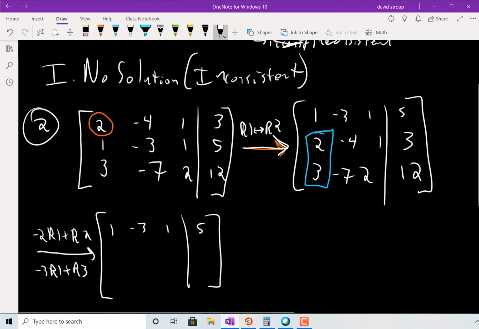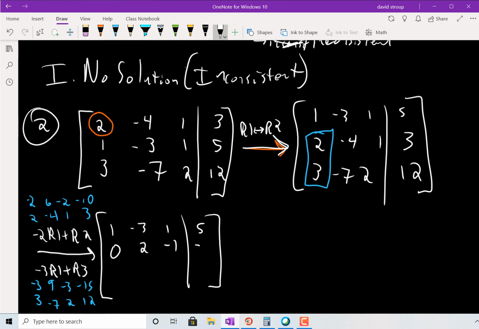Let me do my arithmetic here in blue. -2 times row 1, -2, 6, -2, -10, and then row 2 is 2, -4, 1, 3. -3, row 1, -3, 9, -3, -15, row 3 is 3, -7, 2, and 12. Doing the arithmetic now, 0, 2, -1, -7, and then 0, 2, -1, -3.